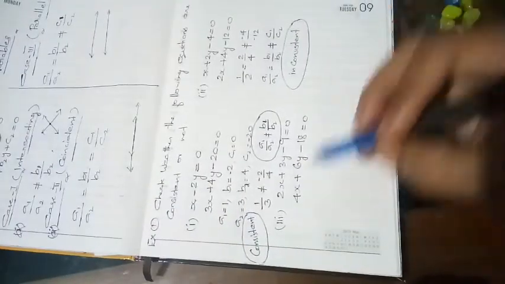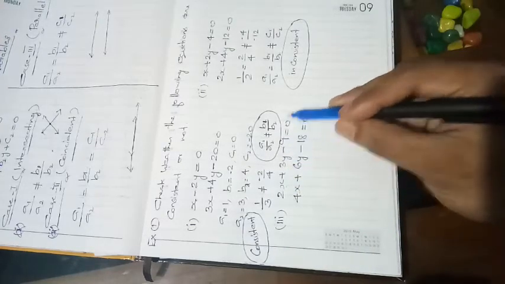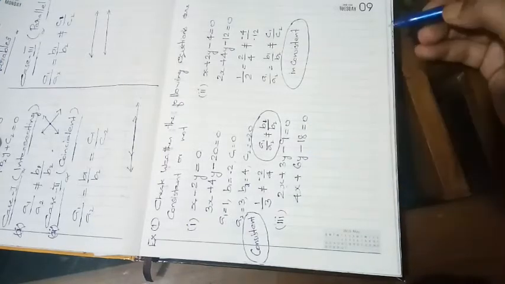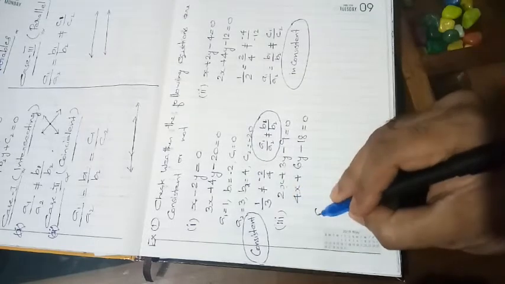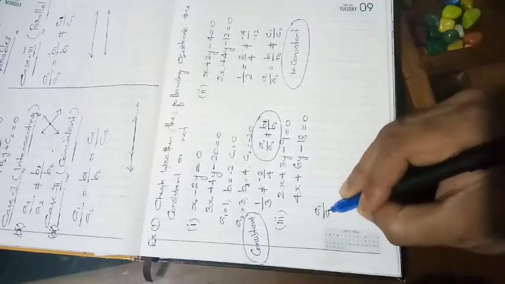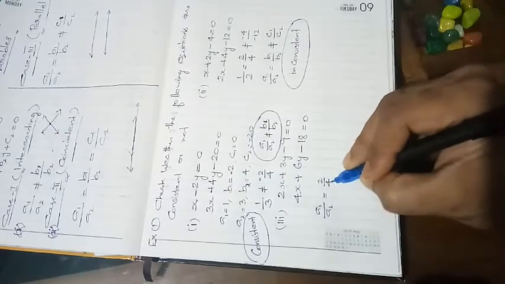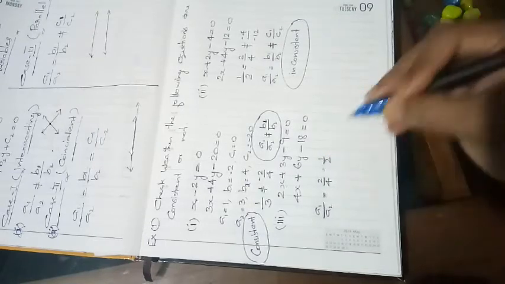Now let's move to the third one. What is the third one? 2x plus 3y minus 9 equal to 0 and 4x plus 6y minus 18 equal to 0. Here what is a1 by a2? Let's write a1 by a2 equal to 2 by 4, that is equal to 1 by 2.